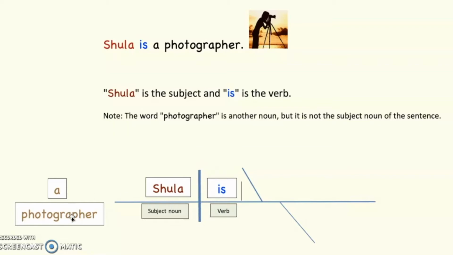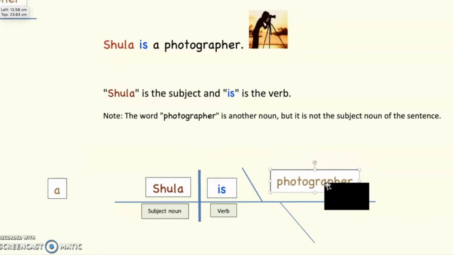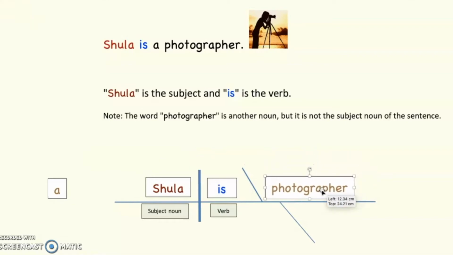Now, if we wanted to go further and diagram the rest of this sentence, we would put photographer over here because it's the predicate nominative. This slanted line here is slanted because it's pointing back to Shula, because the predicate nominative is referring to Shula. But that's not what this lesson is about, so we won't say anything more about that.